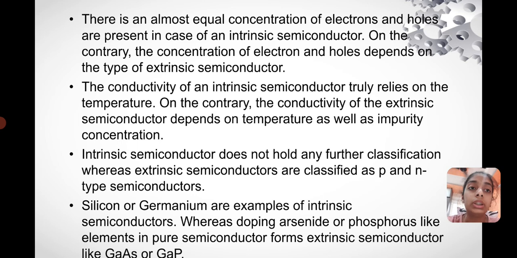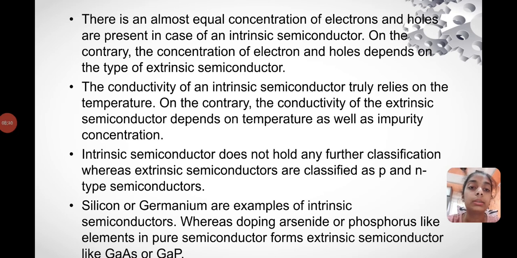There is an almost equal concentration of electrons and holes in the case of an intrinsic semiconductor. On the contrary, the concentration of electrons and holes depends on the type of extrinsic semiconductor. The conductivity of an intrinsic semiconductor relies on the temperature. On the contrary, the conductivity of the extrinsic semiconductor depends on the temperature as well as the impurity concentration.